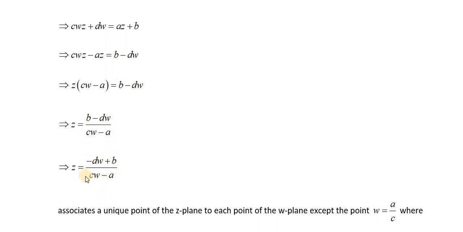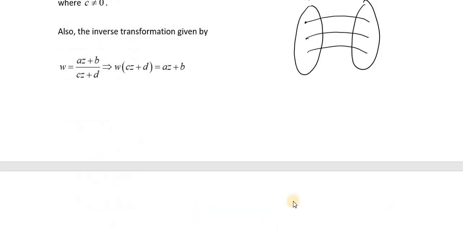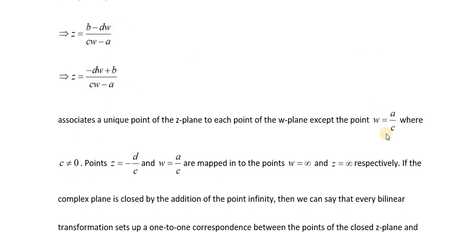So from this we can easily say that there is a unique point of the Z plane for each point of the W plane. That means if there exists a point in the W plane, there exists a corresponding point in the Z plane, except here. Why except here? If we substitute this W value here, then the denominator becomes 0.